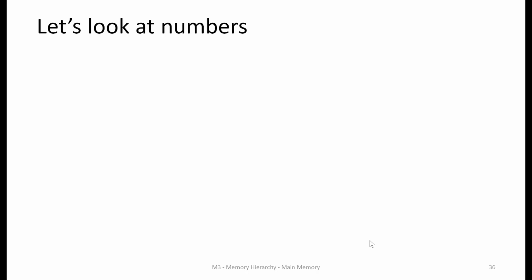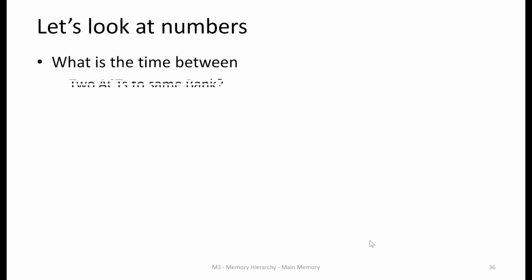If we look at some numbers, what is the time between two activates to the same bank? Assuming that we are closing the previously opened row, the minimum time we would need is TRC. What is the time between issuing two activates to different banks of the rank?